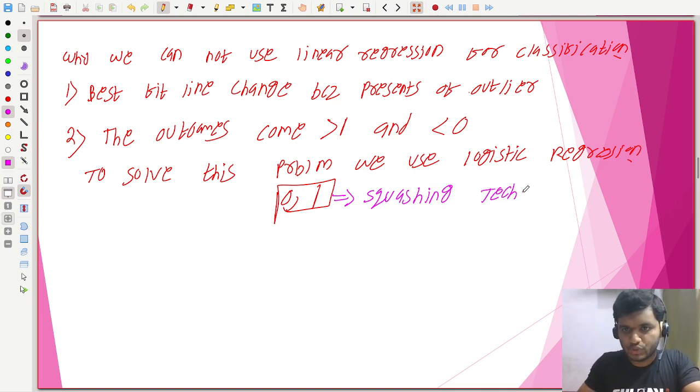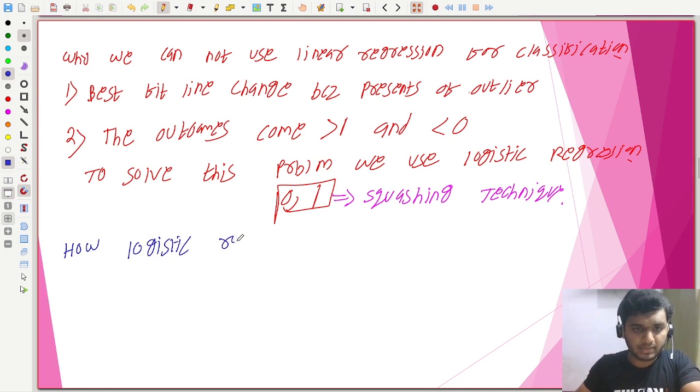So how does logistic regression solve a classification problem? Now I will show how logistic regression solves the classification problem.